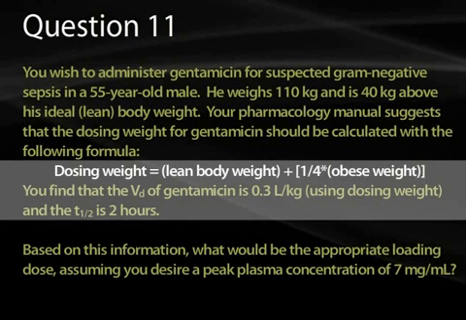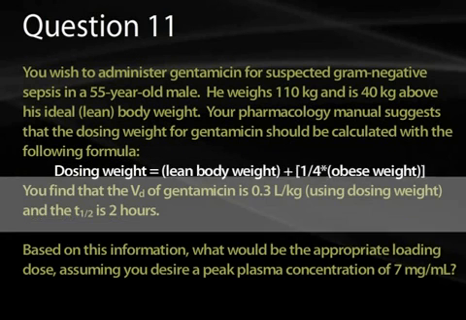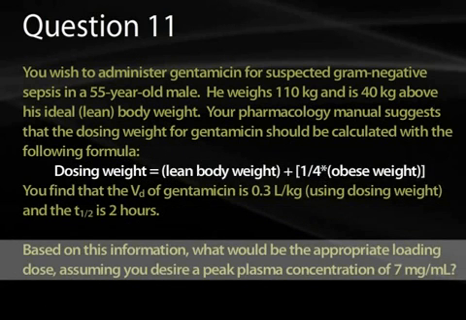You find that the volume of distribution of gentamicin is 0.3 and the half-life is 2 hours. Based on this information, what would be the appropriate loading dose, assuming that you desire a plasma concentration of 7 milligrams per mil?